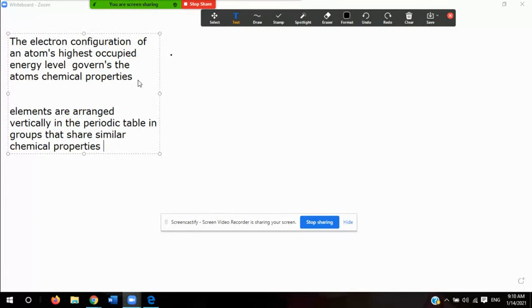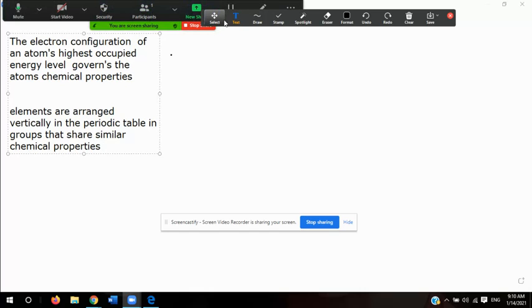The groups, which are arranged vertically on a periodic table, in a minute I'll illustrate that. But basically, the groups that are arranged vertically share similar chemical properties.